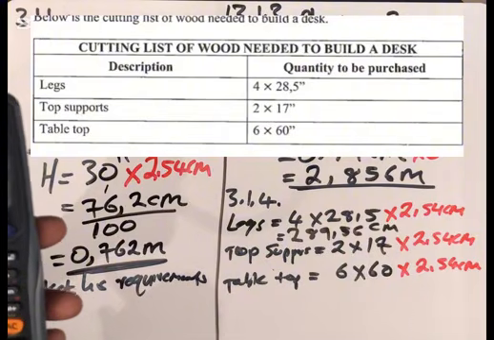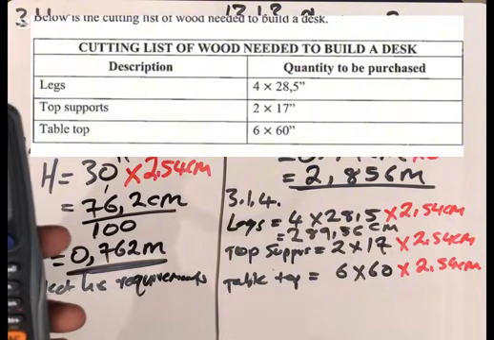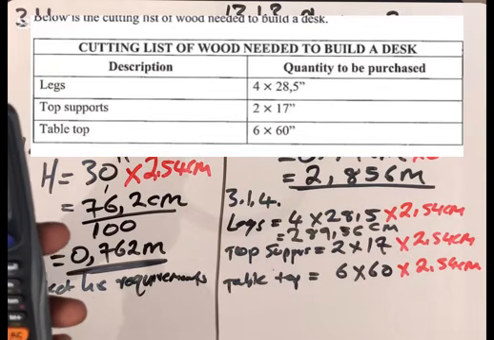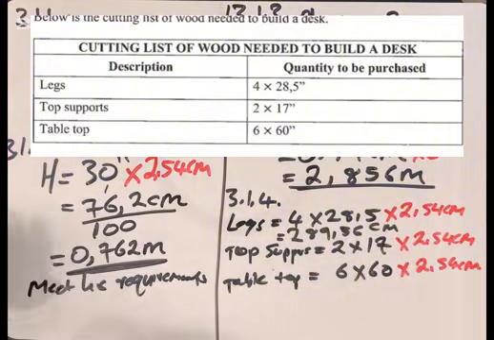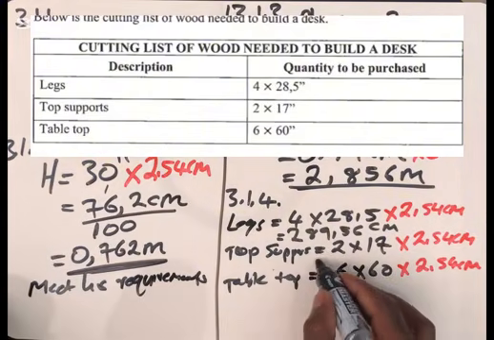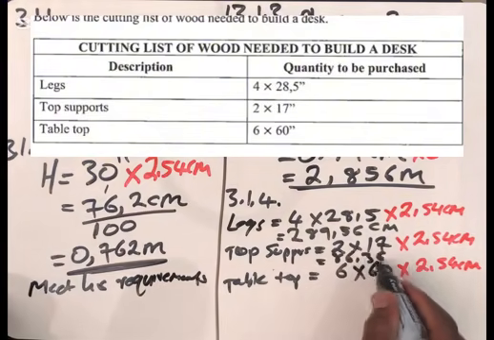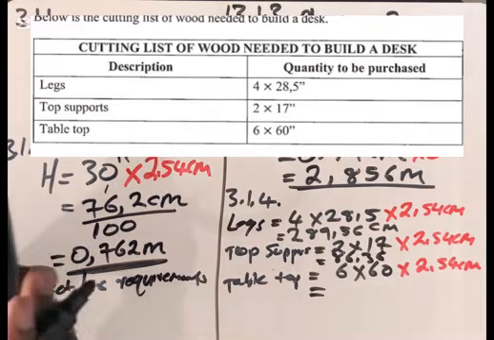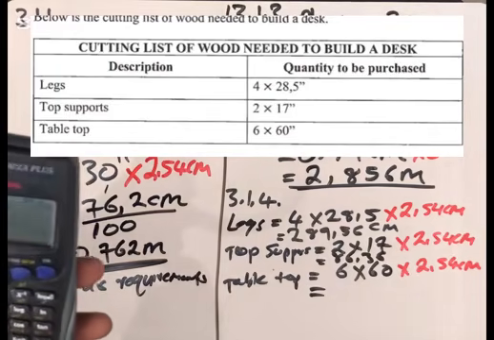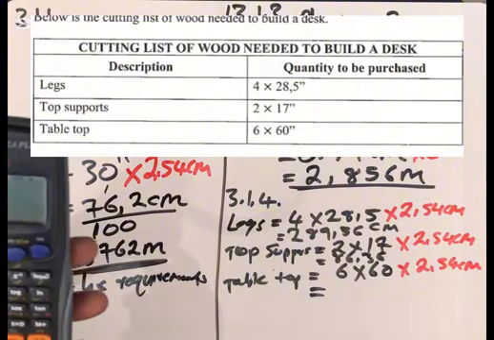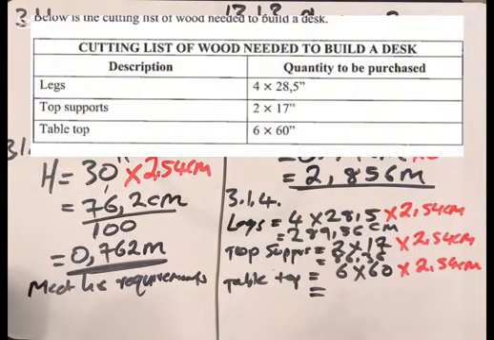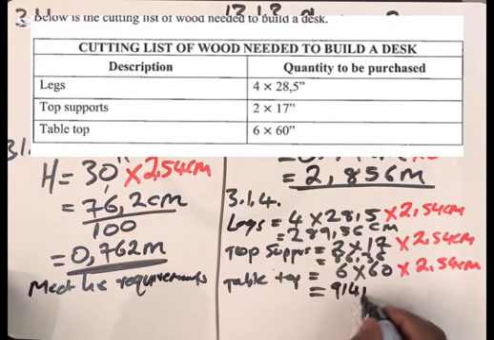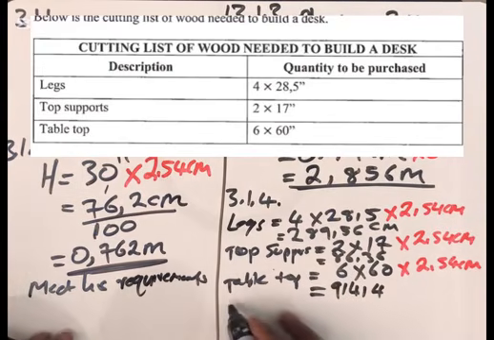Let's go to the top supporters, which is 2 multiplied by 17 multiplied by 2.54. This gives us 86.36. The last one, 6 multiplied by 60 multiplied by 2.54. We found that it's 914.4.